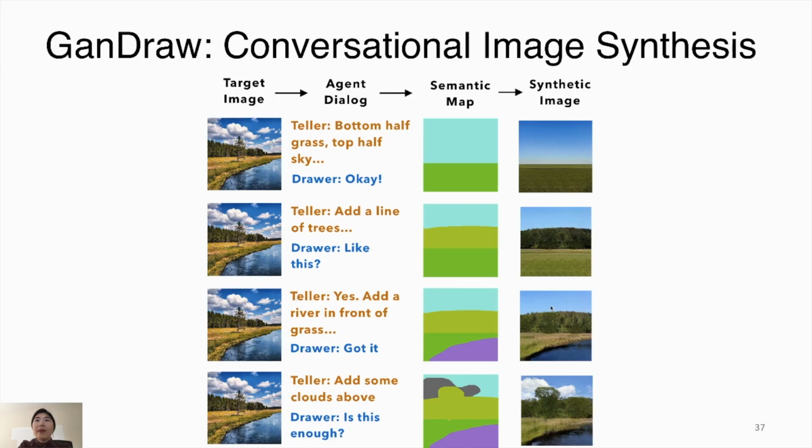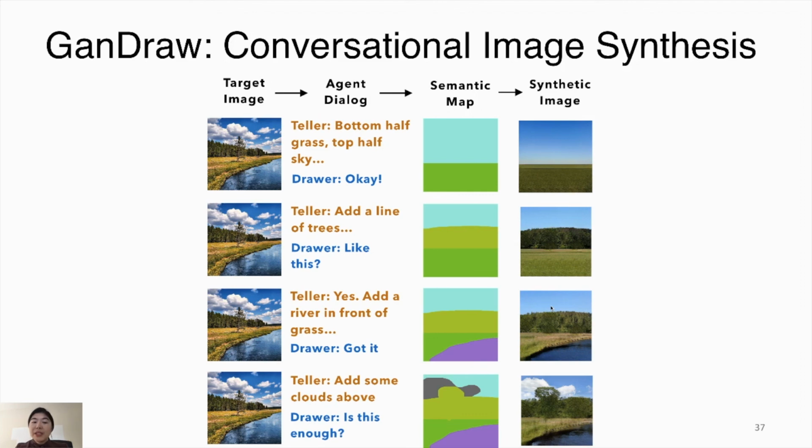Finally, I wanted to mention one of the tasks that we just submitted to a recent conference. It's called GanDraw. Previously we were always talking about visual dialogues or visual 20 questions games, which are things we do to retrieve existing images. But what if we want to generate images from conversations?